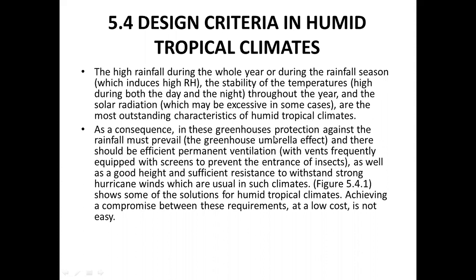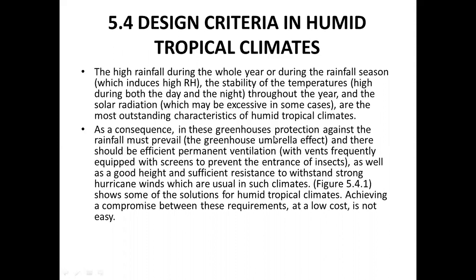Okay, and also the greenhouse must be protected from the rain, so it should be properly airtight, and proper ventilation should also be given for the greenhouse, as there is heavy rainfall and this type of problems.